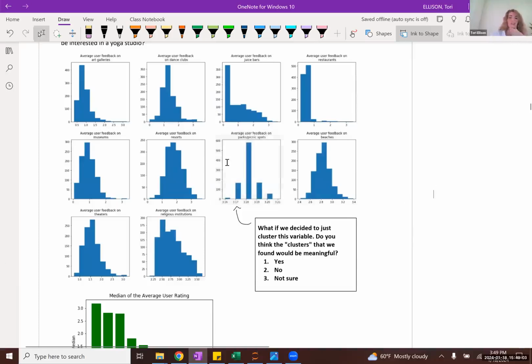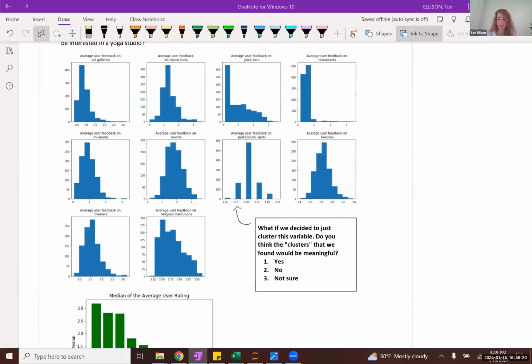So the question is, if we did that, and let's just say we applied k-means clustering, do we think that any potential clusters that this algorithm would have identified are actually meaningful? So that's my question to you.